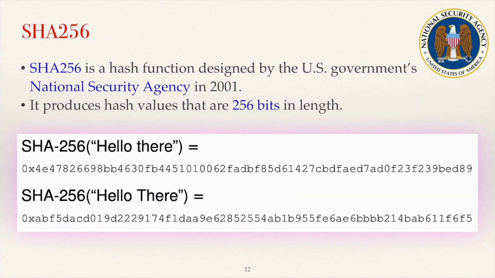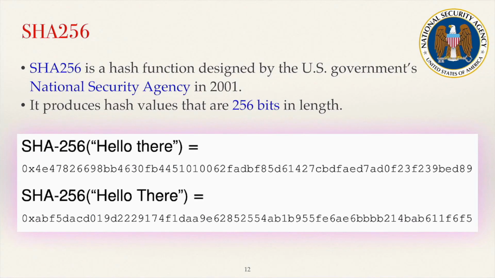SHA-256, where SHA stands for Secure Hash Algorithm, is a hash function designed by the US government's National Security Agency in 2001. So the hash function is now 20 years old. SHA-256 produces hash values that are 256 bits in length. Here are two examples.